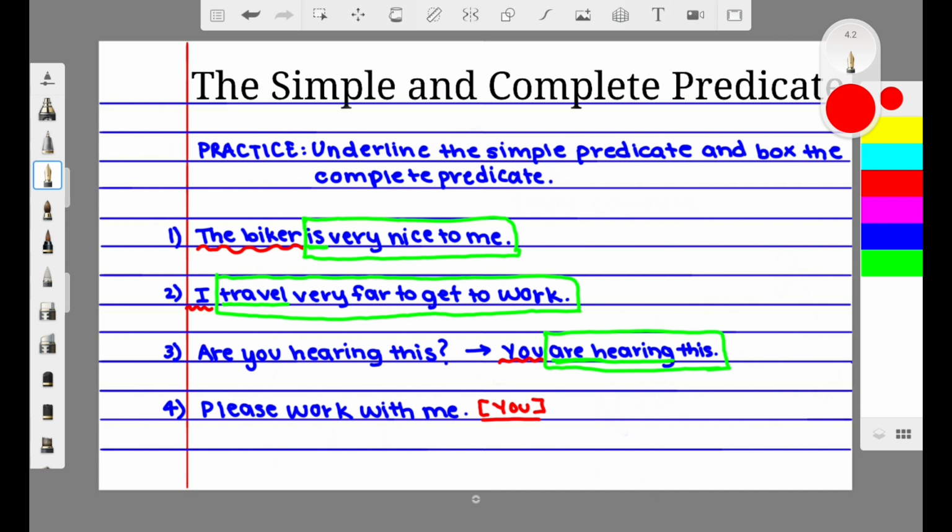So if you is the subject in this case, let's identify the verb would be work, and the rest of it would be the complete predicate. So basically in this case, the entire sentence is the complete predicate because the subject is not included in the sentence, it's just understood.